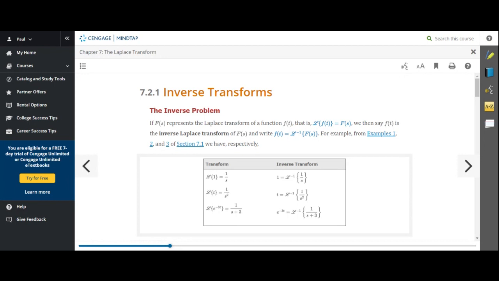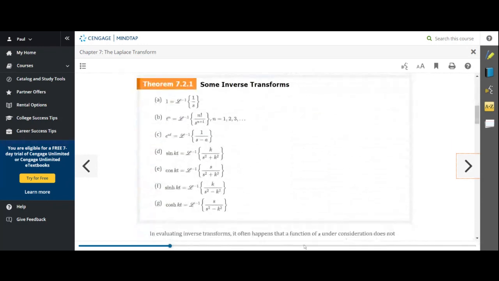Once you know a Laplace transform of a function, you can find the inverse Laplace transform of a corresponding function of s. And so they have here some common inverse Laplace transforms, and you learn the rules for the Laplace transforms, and of course the table you can use as a reference.